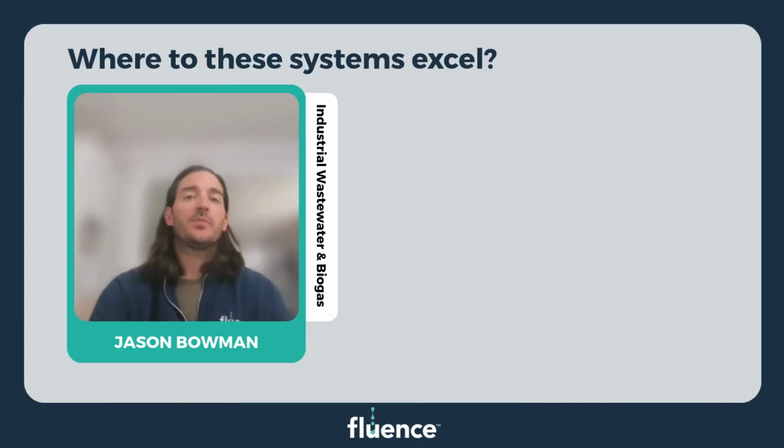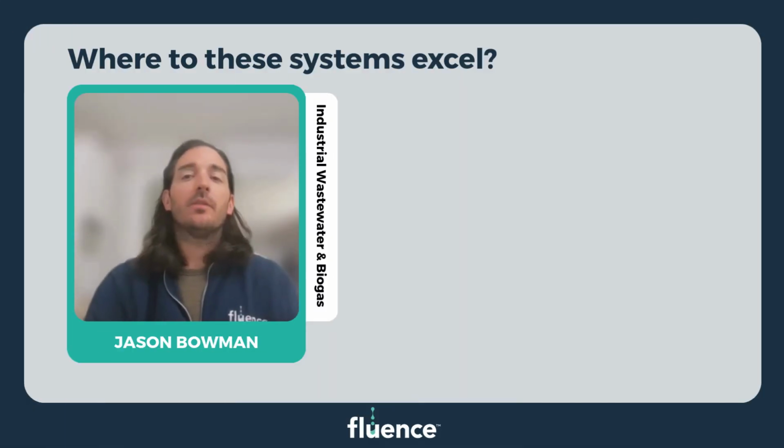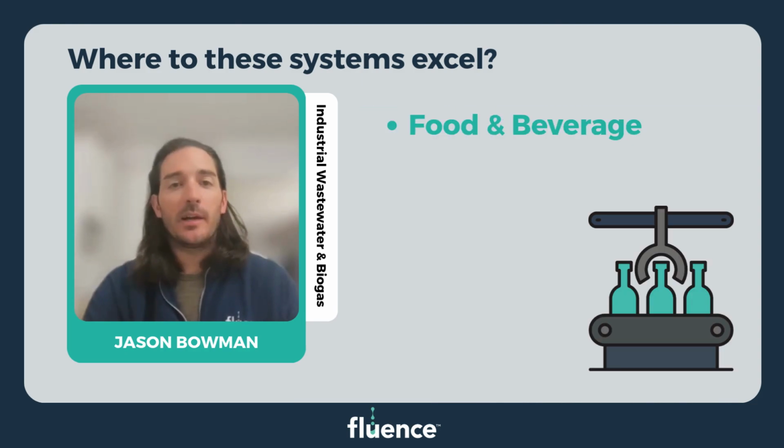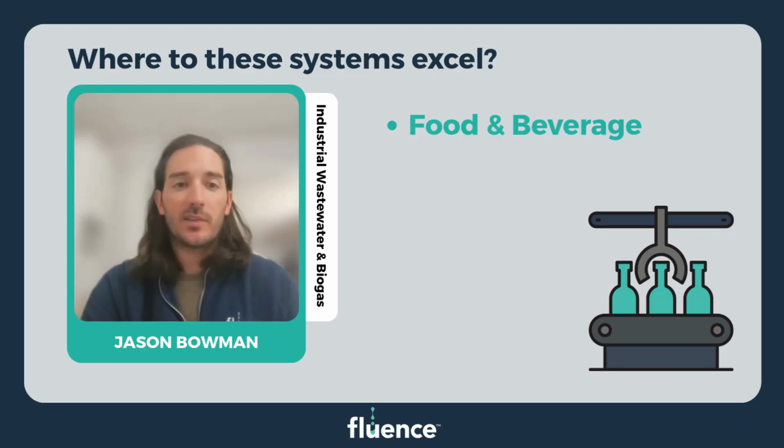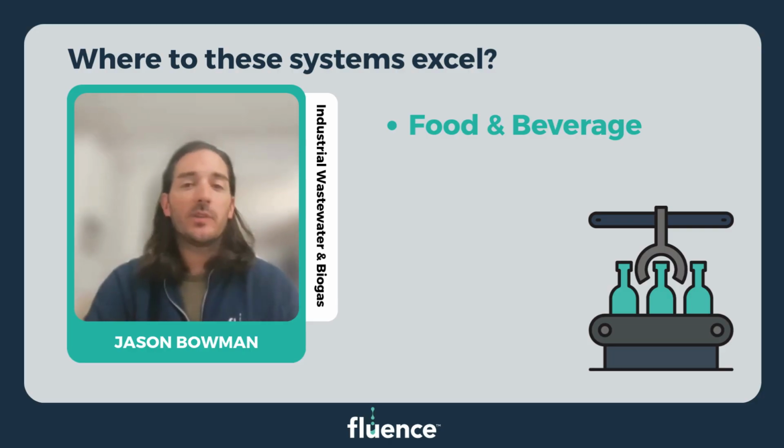So where do these types of systems excel? Well, these systems are widely applied within the food and beverage processing space, specifically alcohol production, dairy processing, soft drinks, juice production, etc. Basically any wastewater with high soluble COD and low solids on the inlet.